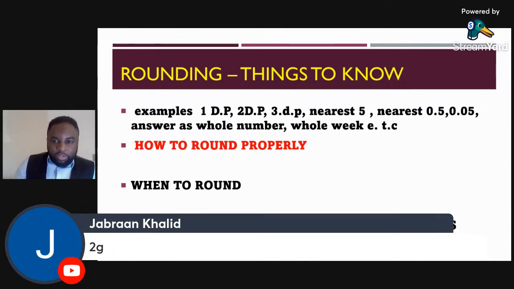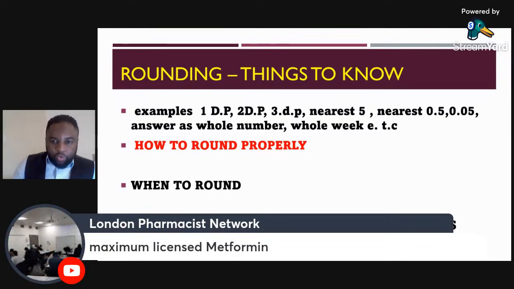Imagine you have a situation where you calculate the amount of metformin a patient needs, and you end up with something like 2.12 grams a day of metformin. And we know that metformin is available as 500 milligram tablets.